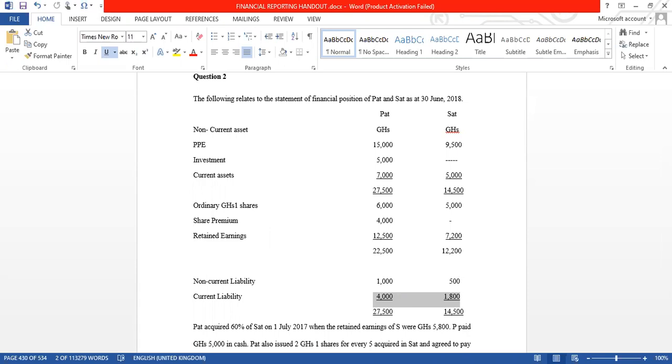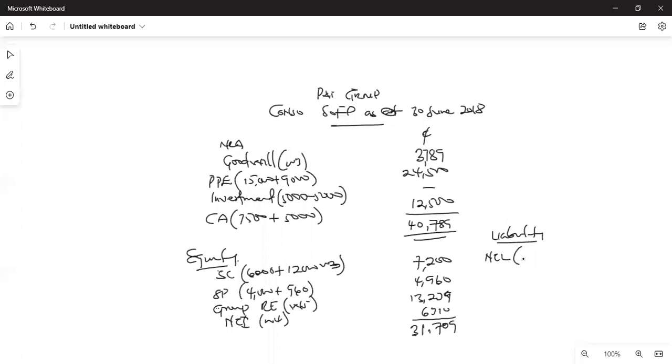So let's put the figures there. So here we have what? 1,000 plus 500 plus the deferred, which is 1,680. All right. So what would that give us? 1,005. 1,005 plus 1,680.